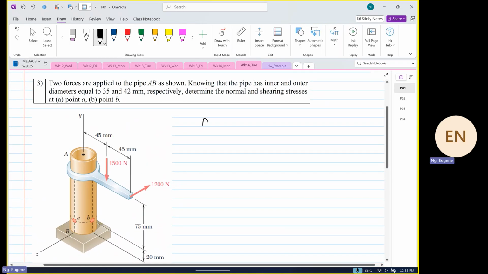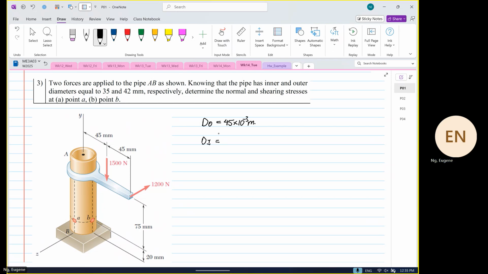So we know that D on the outside is 45 times 10 to the power minus 3 meters. And D on the inside is equal to 35 times 10 to the power minus 3 meters. Okay.